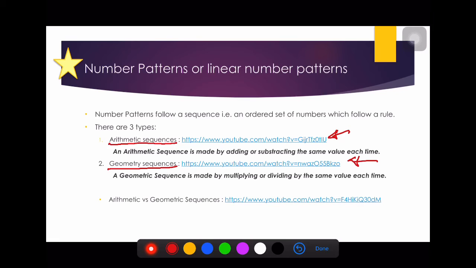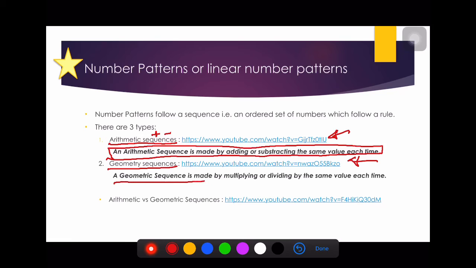The definition: an arithmetic sequence is made by adding or subtracting the same value each time. So arithmetic has something to do with the plus and the minus. A geometric sequence is made by multiplying or dividing by the same value each time.